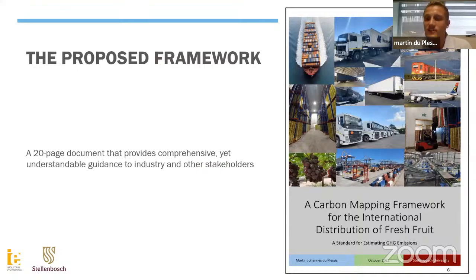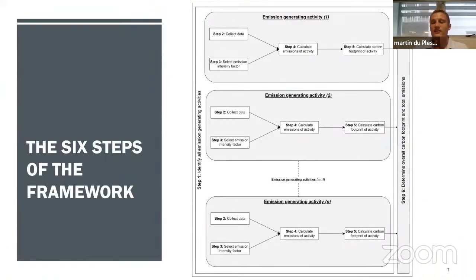So let's dive a bit deeper into what the framework entails. The framework basically consists of 6 steps. The first step, on your very left-hand side in the vertical plane, says we first need to identify what is the chain of activities by which my fruit is exported.